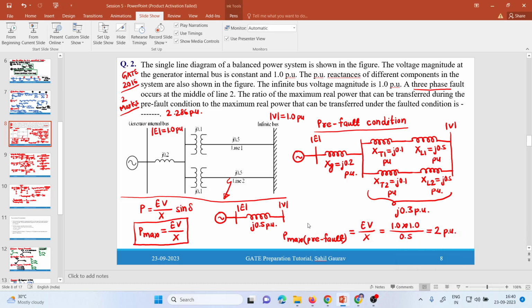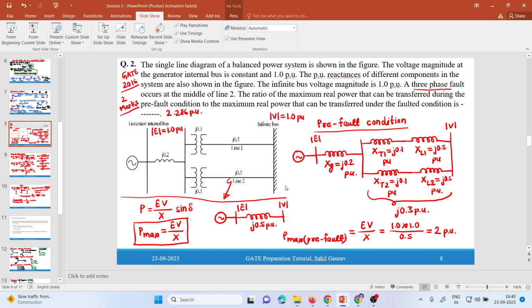Visible. Okay. So you are saying that the fault is occurring at this line, at the end of line 2, correct? Yes, sir. So that means this infinite bus you are taking to ground, this voltage will be zero.